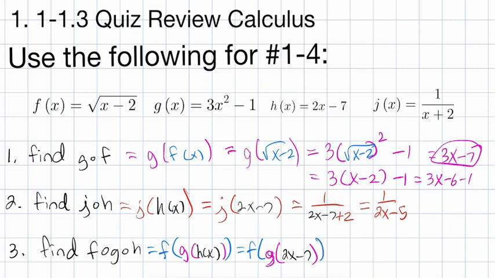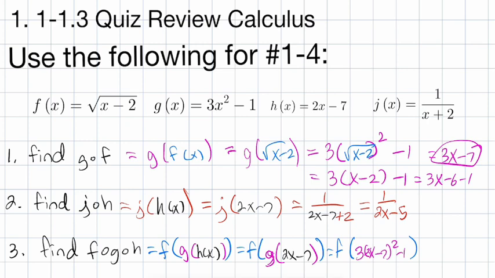Okay, and then I'm only going to go 1 layer out, so I'm just going to plug that into my g function. When I plug that into the g function, I get 3 times the quantity of 2x minus 7 squared minus 1.